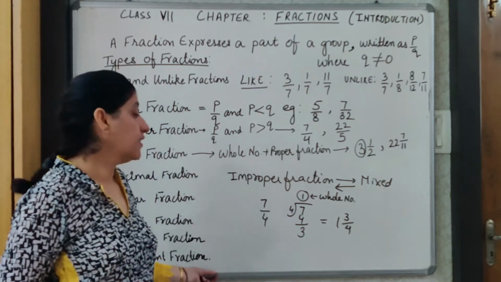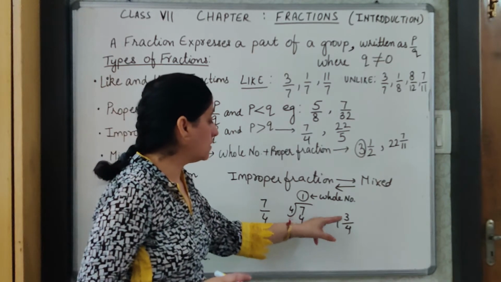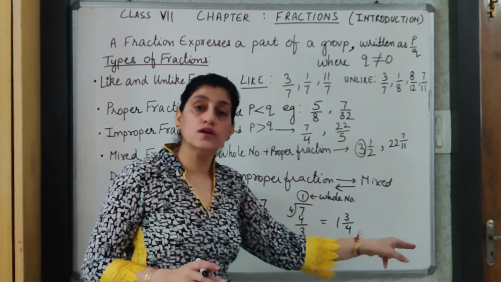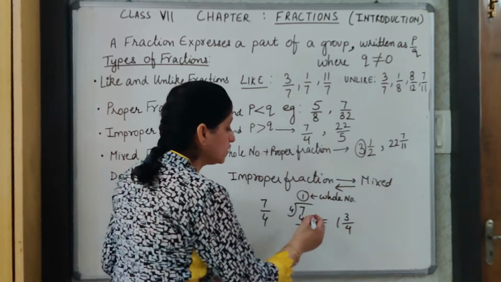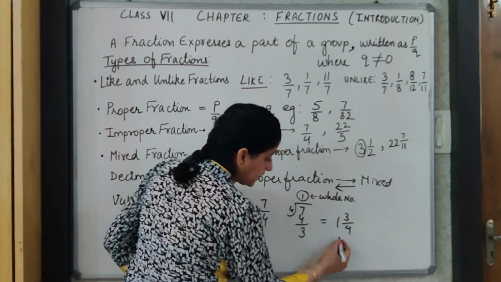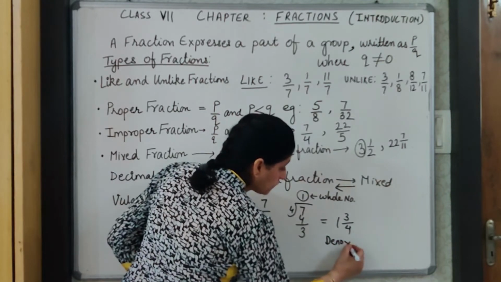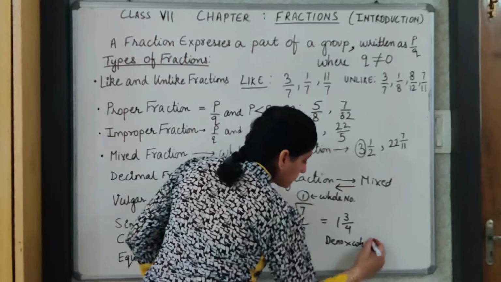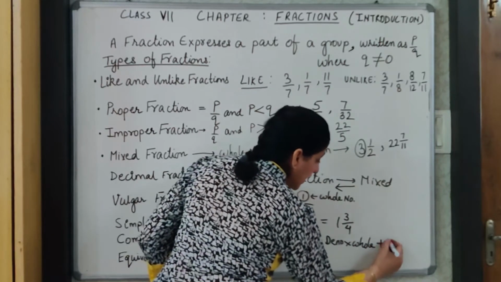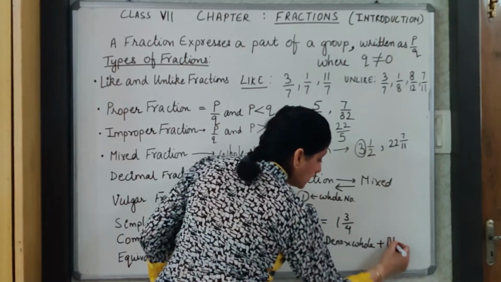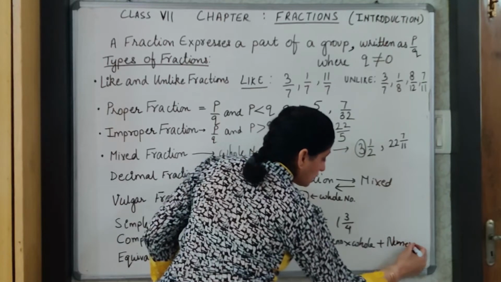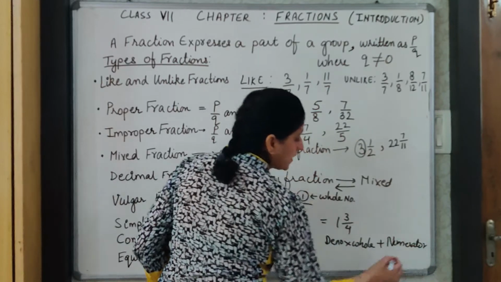Is it clear? And when we convert a mixed fraction into an improper fraction, what we do is, first we multiply the denominator with the whole number, and after that we add the numerator to it.